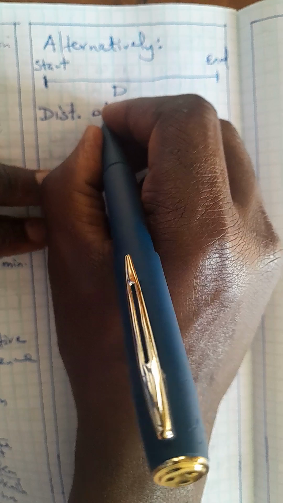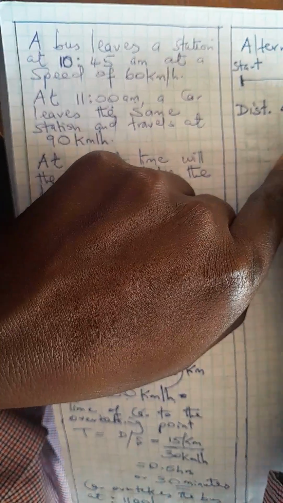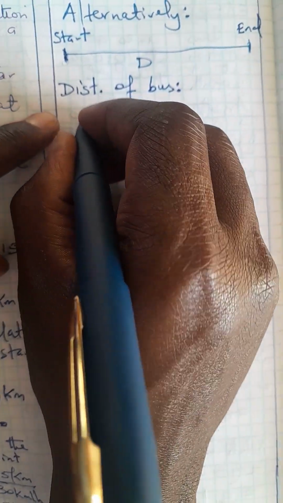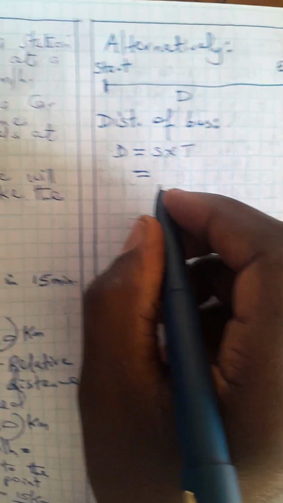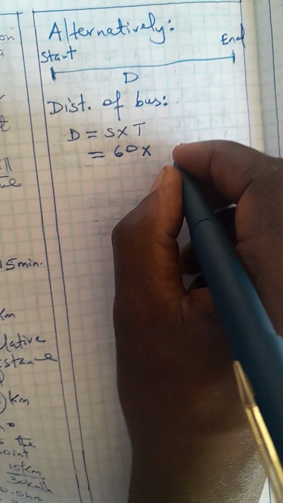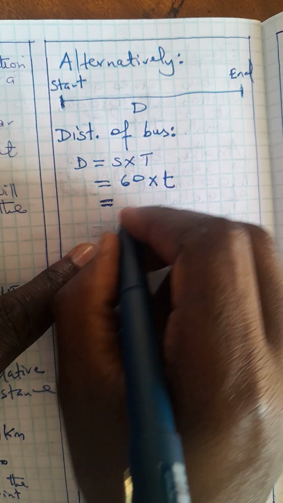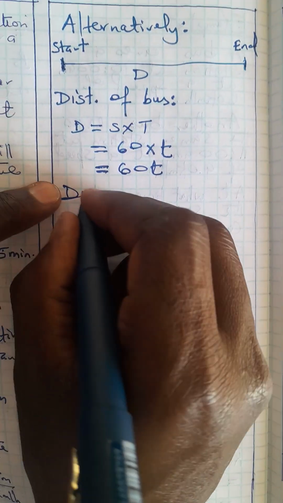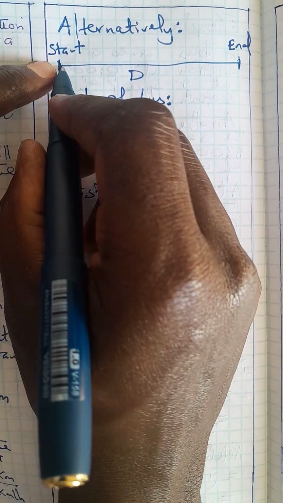Let us begin with the distance covered by the bus. Distance is speed times time, and the speed of the bus is 60 times time. Let us use small t because we don't know how much time that is. So 60 times t is 60t. Then the distance of the car covers the same distance.